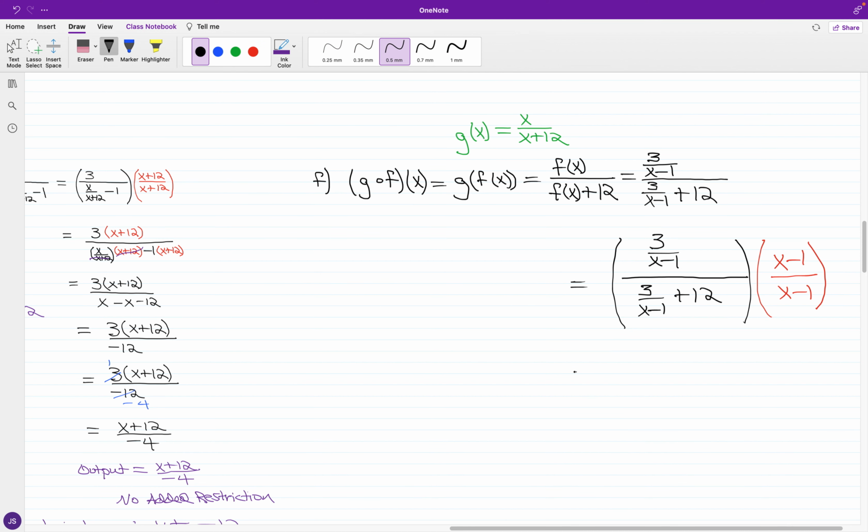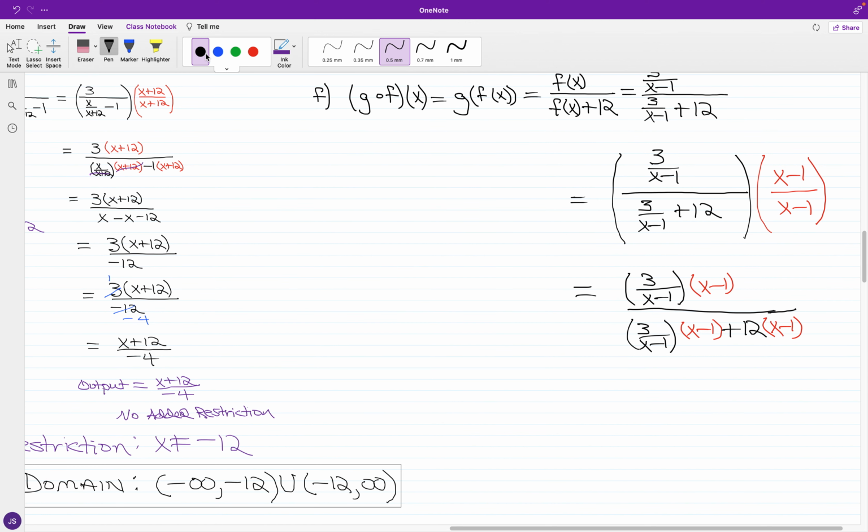Okay, so just looking at what we have in the development here. I'm just going to take this one sort of added step. And we'll distribute the lower x minus 1 over the two terms in the denominator. All right, so following through, for the numerator, the x minus 1 is going to go out, so this leaves us with 3.